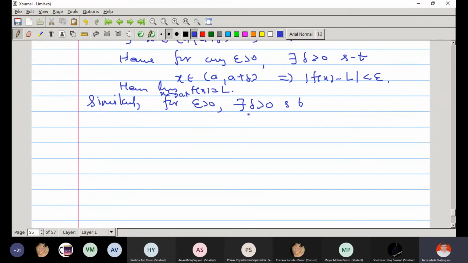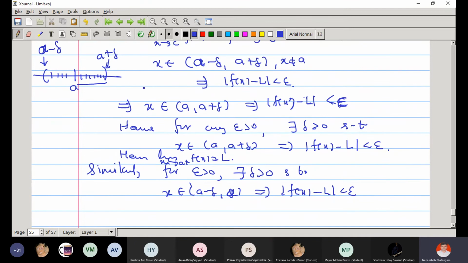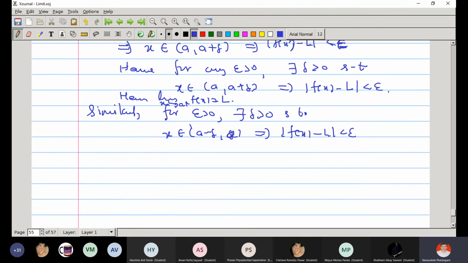Similarly, given epsilon, there exists delta such that whenever x is in (a minus delta, a), we have |f(x) minus L| less than epsilon. Same idea, because since the limit of the function at a exists and it is L, there exists delta. Then choose this part of the neighborhood. It is true, right?